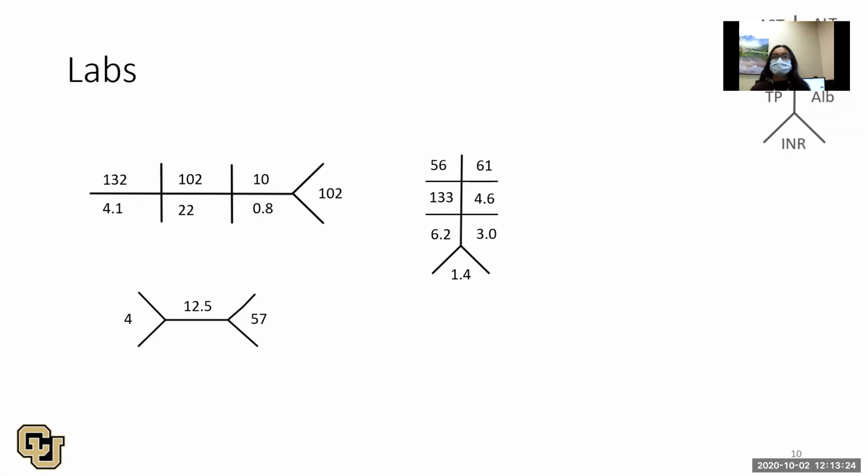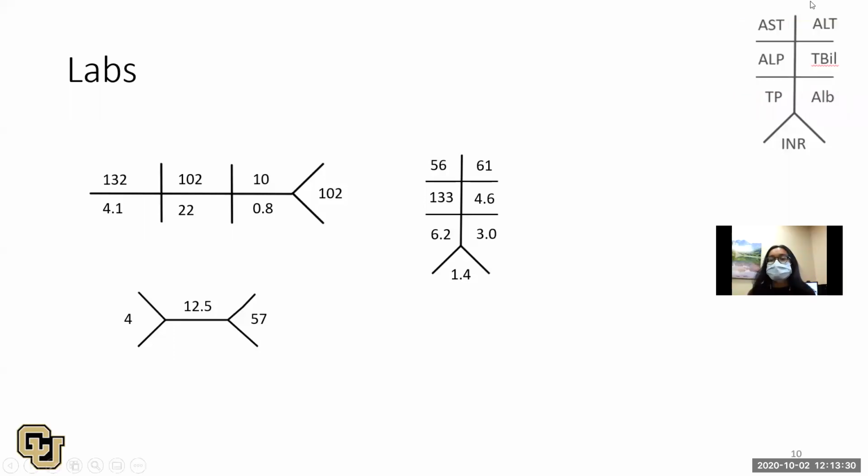Okay, there you go. INR is elevated. Colton, what about the ALT? The ALP, yep. ALP is elevated. Thrombocytopenia, yep. Platelets of 57.